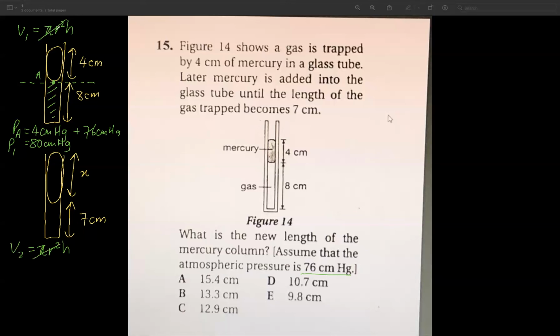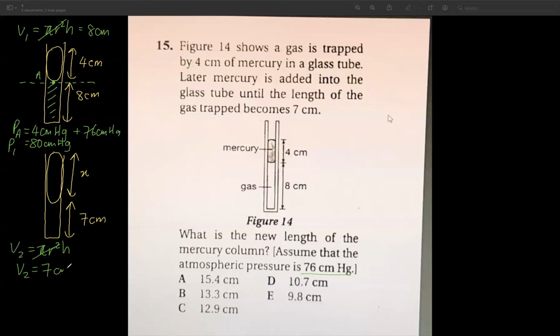I cancel out. So only worry about the height. So V1 equals height 1. That's 8 cm, right? Okay. Look at V2. Now, V2 equals, the length decreases to 7 cm.